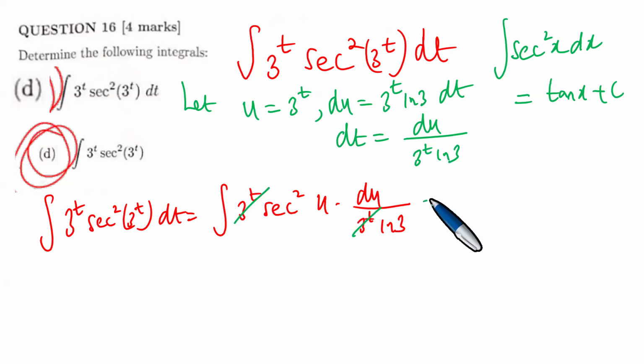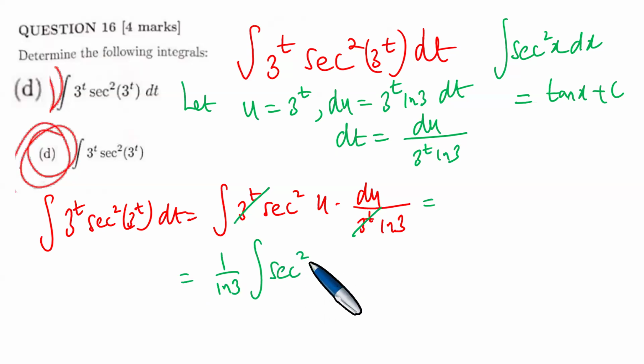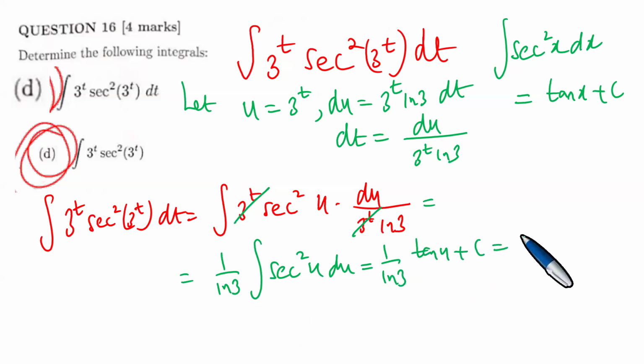The 3 to the t cancels out, leaving us with 1 over ln 3 times the integral of the secant squared u du. Note that we're taking the 1 over ln 3 out, simply because ln 3 is a constant. So we have 1 over ln 3, and then the tangent of u plus c.